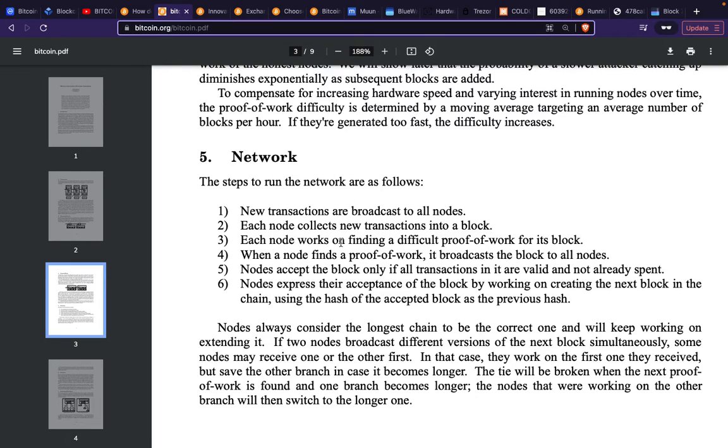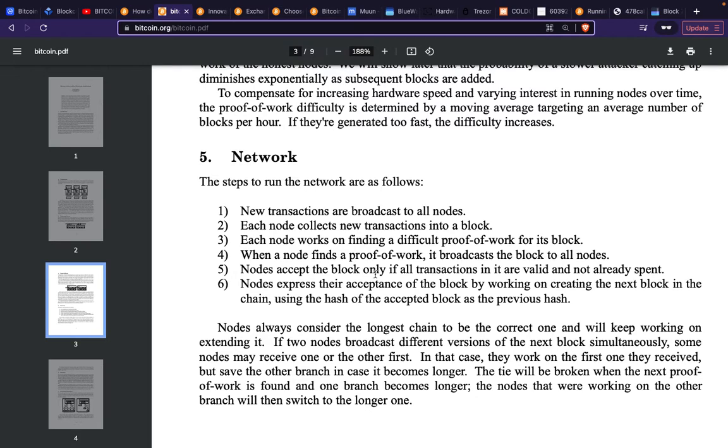Each node works on finding a difficult proof of work for its block, right? And when a node finds a proof of work, it broadcasts the block to all nodes. Nodes accept the block only if all transactions in it are valid and not already spent. So they accept it only if it's valid. You can't double spend Bitcoin, right?